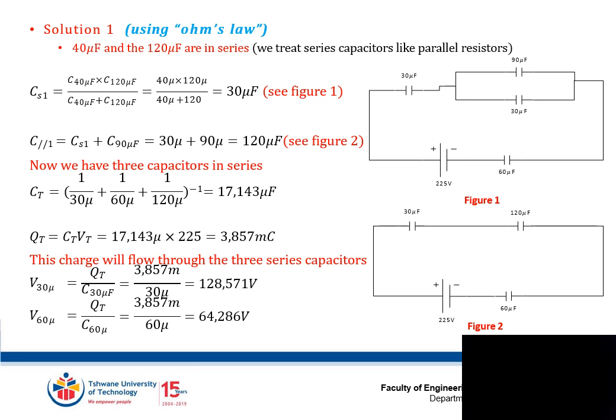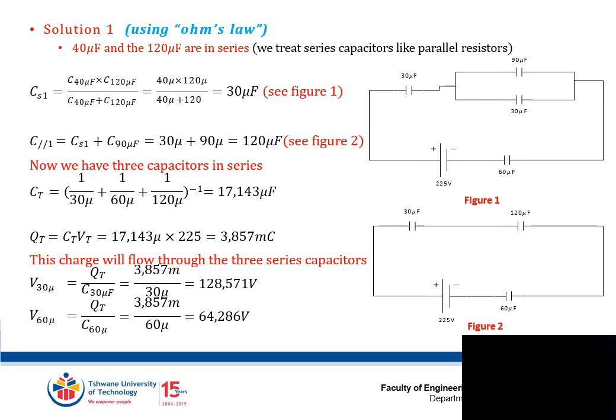So here we calculate the total charge, which is QT equals to CT times VT. So CT is the total capacitance 17.143 times VT, which is the total voltage. This gives us 3.857 millicoulomb. That's the total charge. Then we said charge in series is the same as current in series.